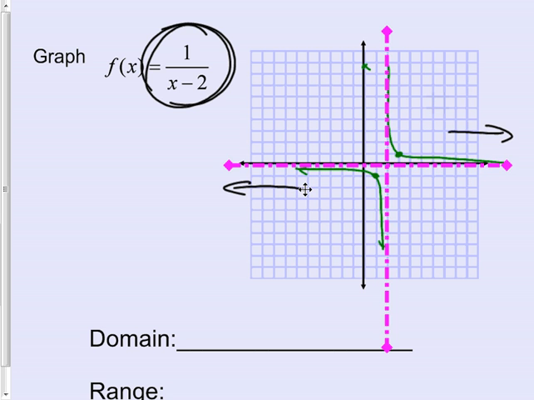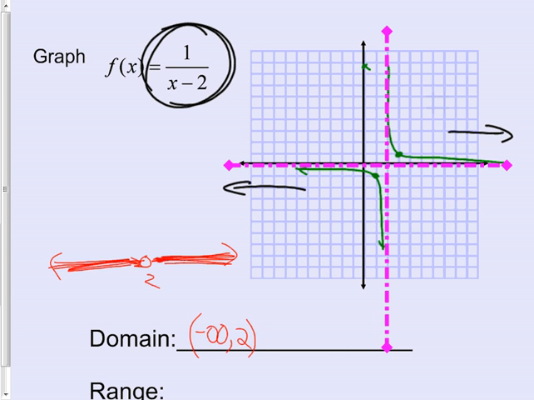So that means this domain can be anything in the world. If I were to do it in terms of a number line, it can be anything in the world except one thing. What's the one thing it can't be? 2. So it can be everything except 2. So how would I write that in interval notation? From negative infinity up until 2, it works fine. Does it work at 2? No, so I use a parenthesis around the 2.